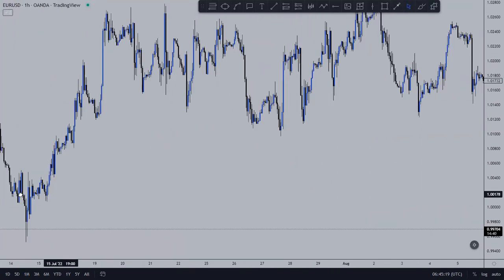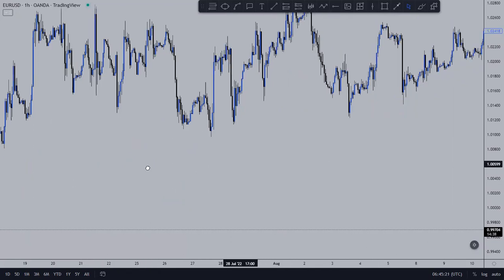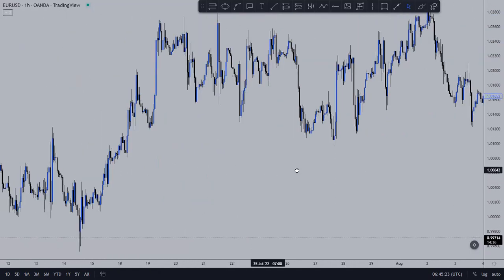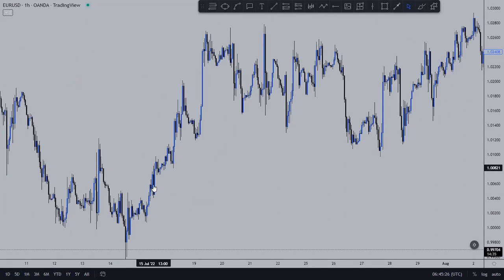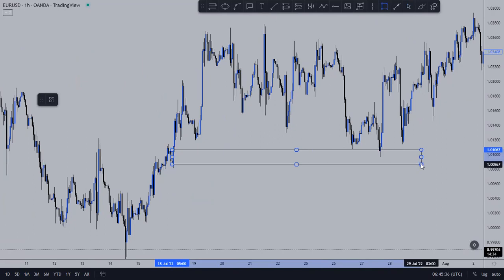Nothing. Right here is an order block. That is an order block before this bullish move.